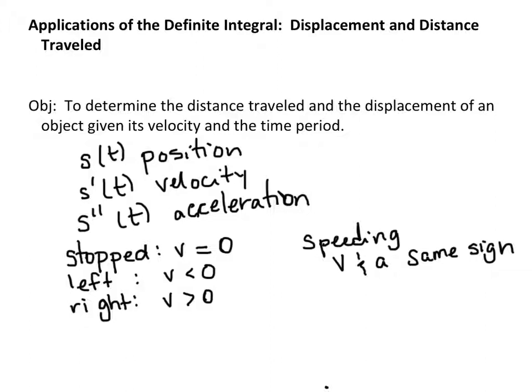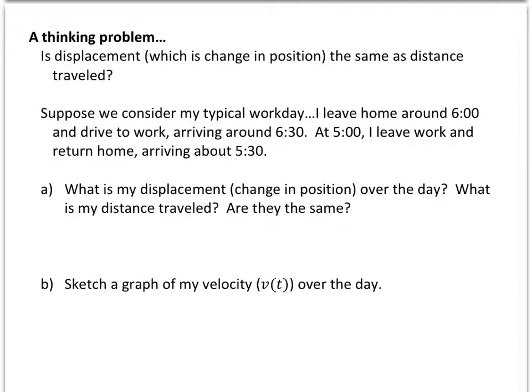Today we're going to look at a situation where we know something about the velocity and we're trying to talk about position and distance traveled. They're actually two different things. Here's our starting thinking example. So this question: is displacement, or change in position, the same as distance traveled?